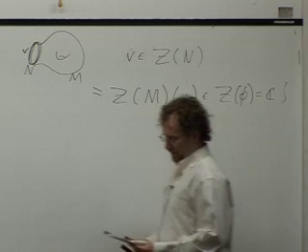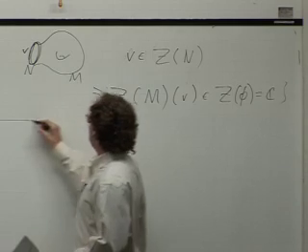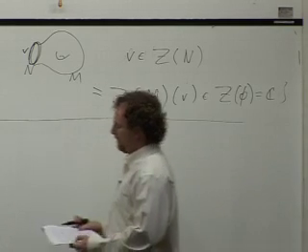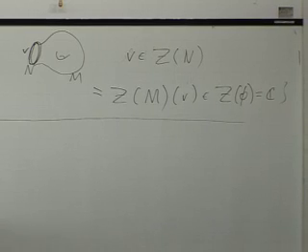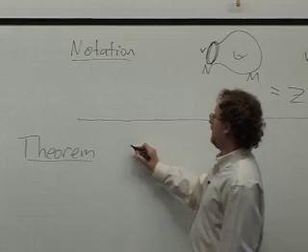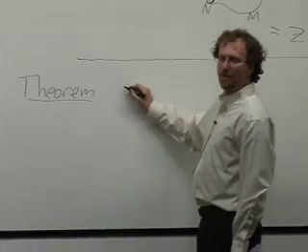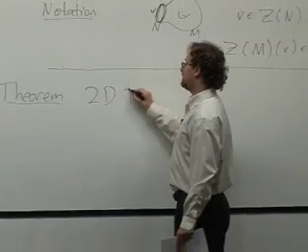Okay. So that's some notation. And now the first result says that if we look at these two-tier topological field theories, we can completely describe them in 2 dimensions.